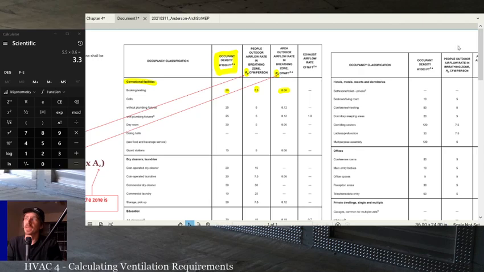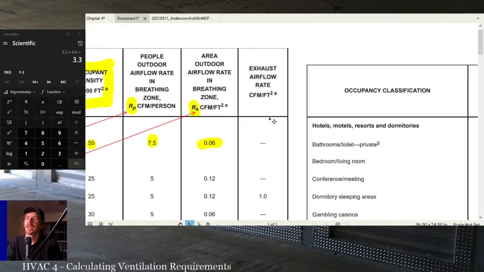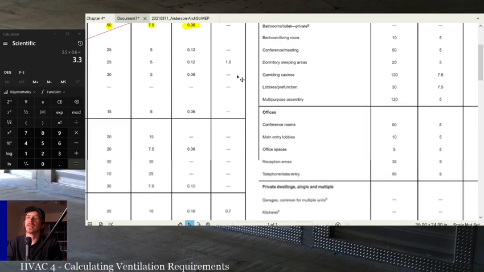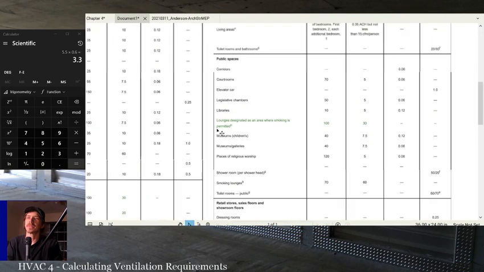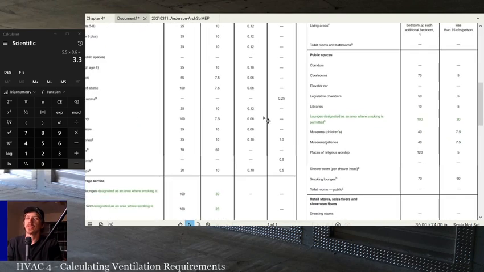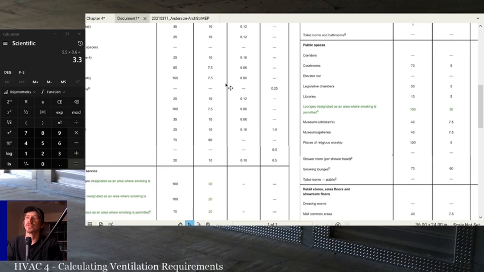The last column right here is for exhaust, and you'll notice a lot of them have no requirements, but some of them do. The exhaust is separate from the ventilation air. Notice that this is chapter 4 ventilation, but there are a lot of exhaust requirements in it.